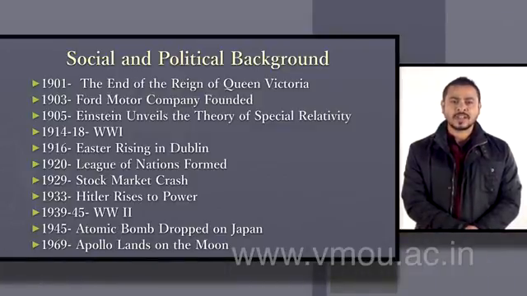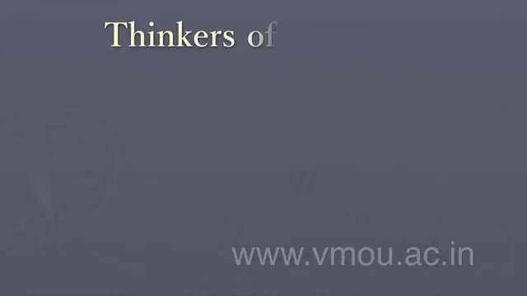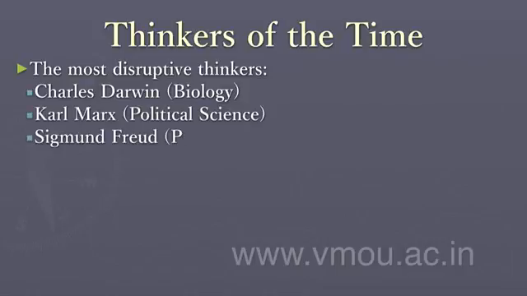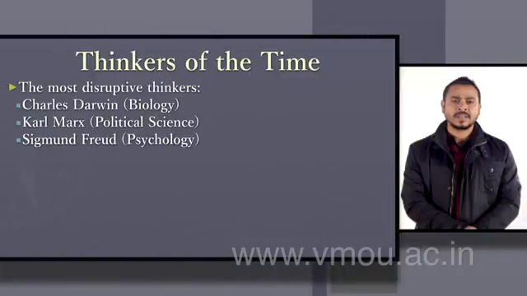So modernism takes an example from such things, where people like Nietzsche, Charles Darwin, Karl Marx and Sigmund Freud are trying to inform us of our limitations and importance. For example, Charles Darwin in the field of biology gives us a new kind of theory.